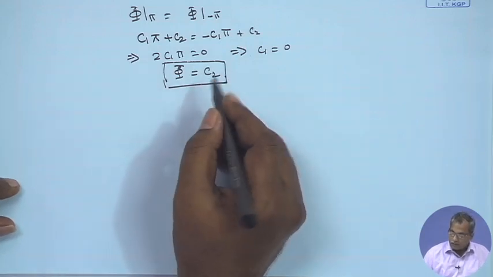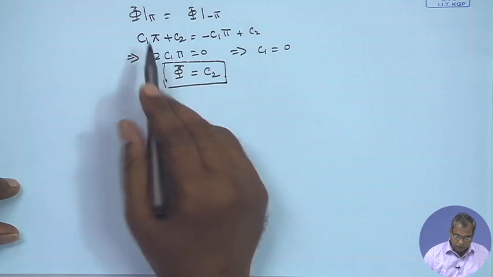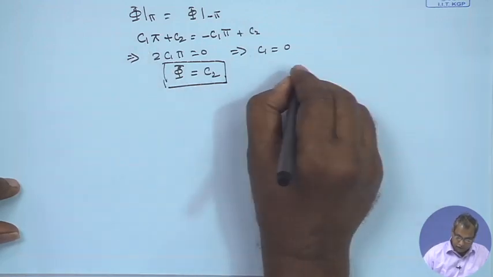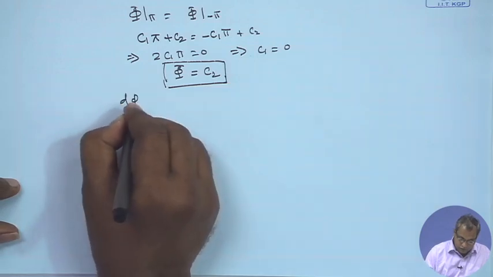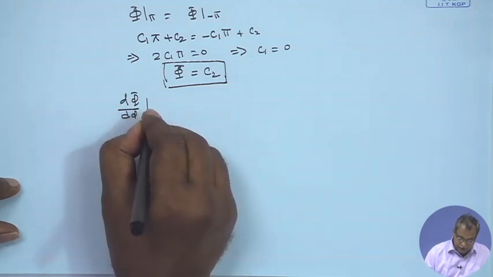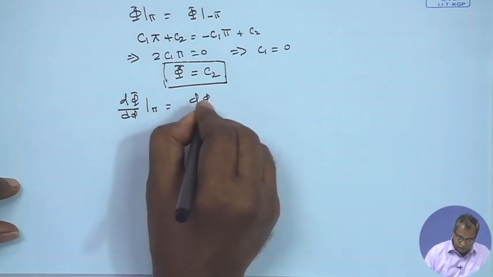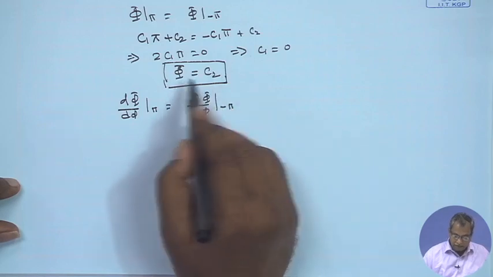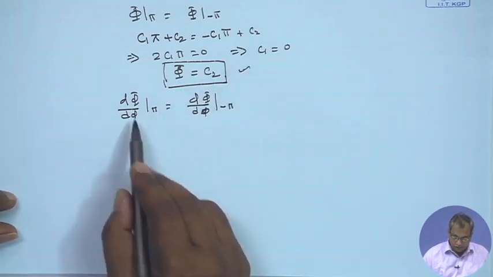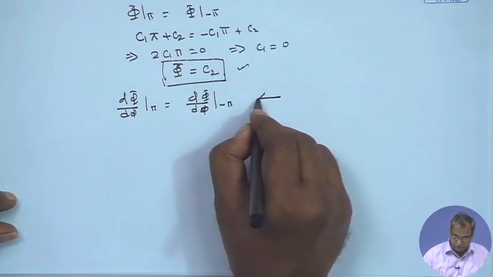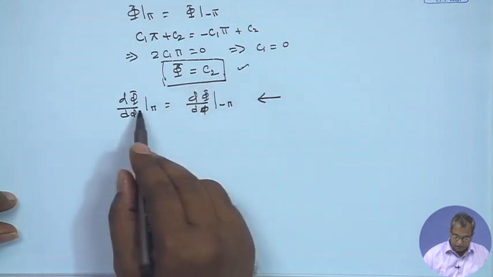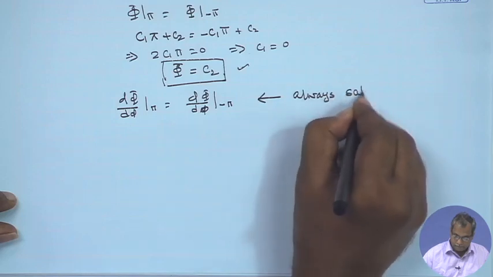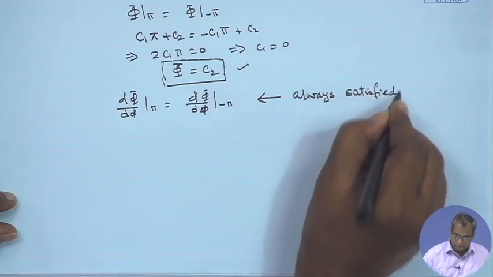Now, if you look into the other boundary condition, d phi at pi is equal to d phi at minus pi, and if phi is equal to C 2 is the solution, then this will always be satisfied. If phi is a constant, then this will always be satisfied.